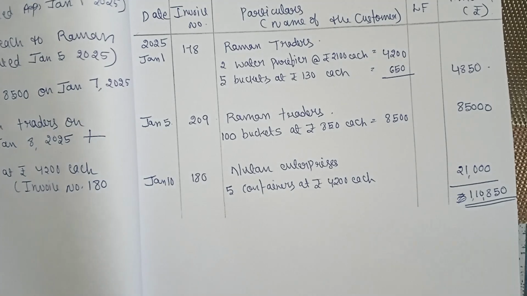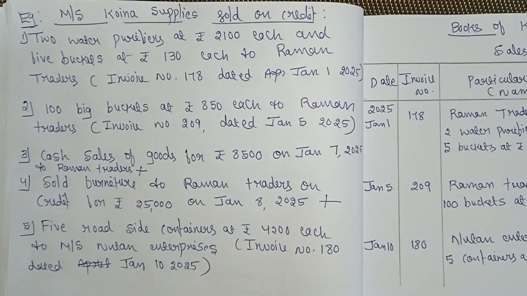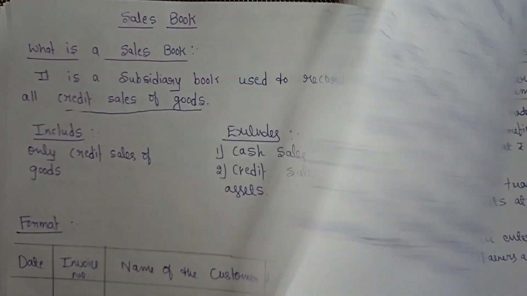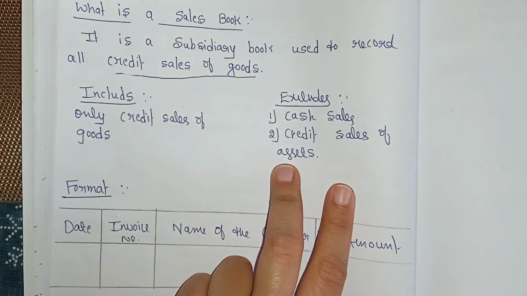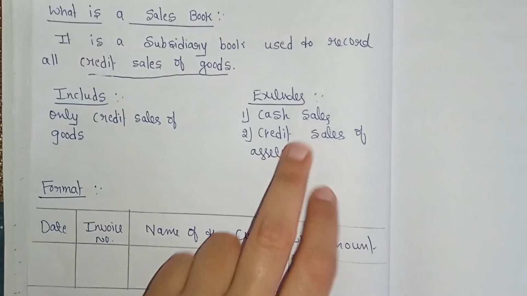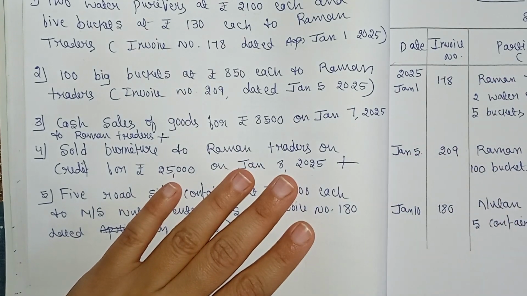The total amount is 1,10,850. In this way we have to solve the problem under sales book. The sales book does not include cash sales and credit sales of assets, so these transactions are not included in our sales book.